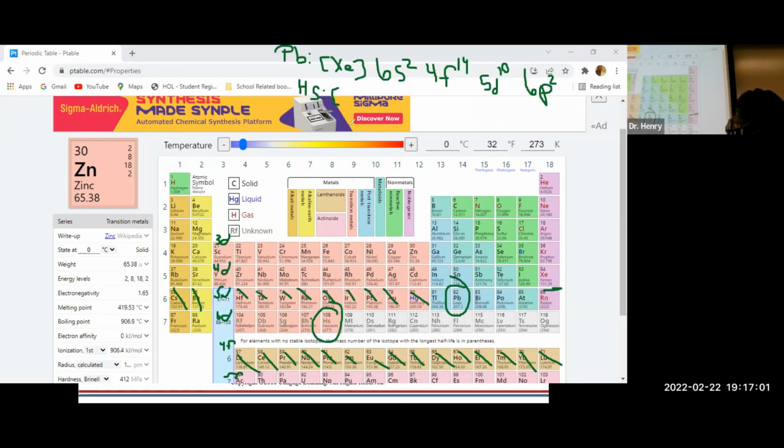Okay, so it's radon core, 7s2, 5f14, 6d6. Okay. You guys got that? That's so much easier.